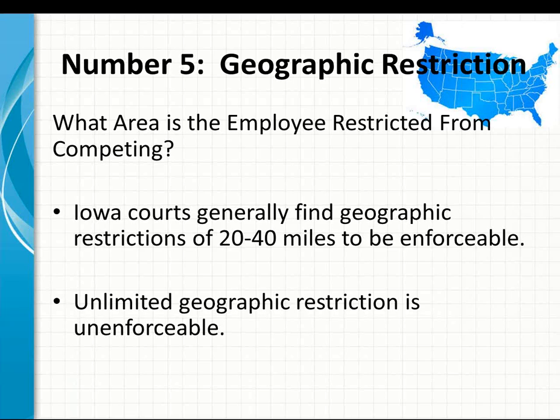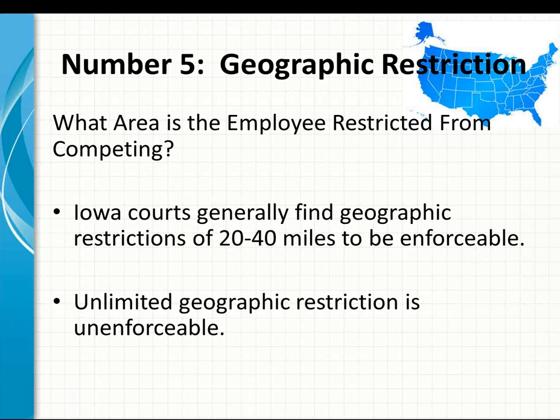Now, just as an example of this, let's say you have a loan officer who works for a bank in southeast Iowa and has customers and relationships with these customers in Lee County, Des Moines County, and Louisa County.